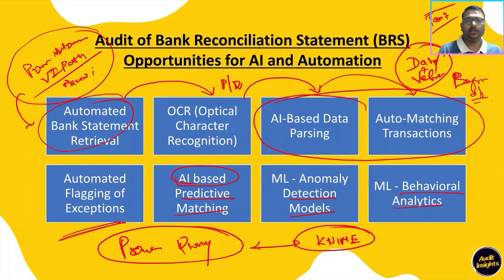Hope by now you would have got an understanding that BRS is more than just a tick in the box, more than just doing some matching of bank book and bank statement. It is much more than that, and the underlying risk and the fraud risk that we discussed are phenomenal, and you can look at these risks day in, day out.